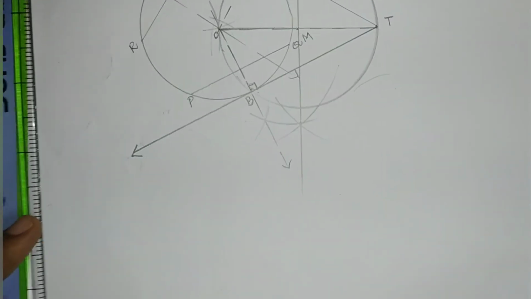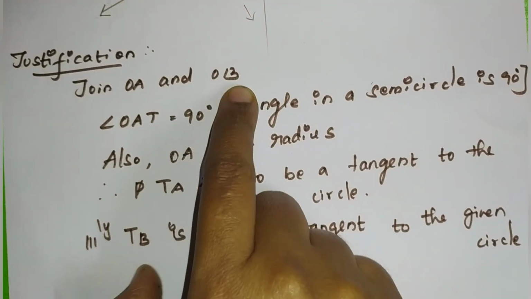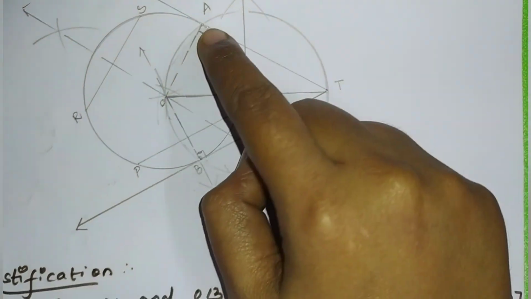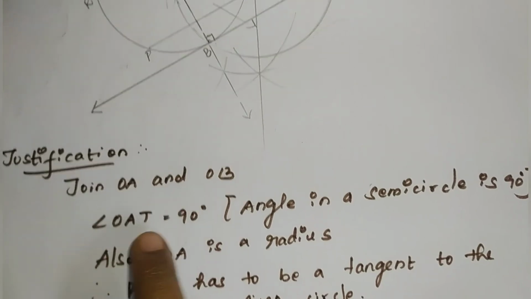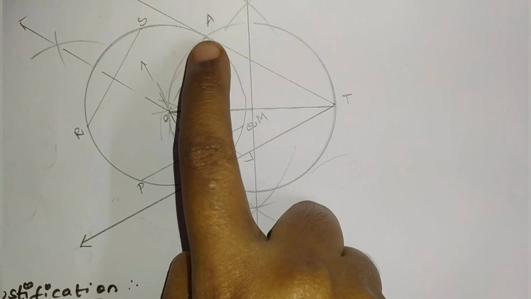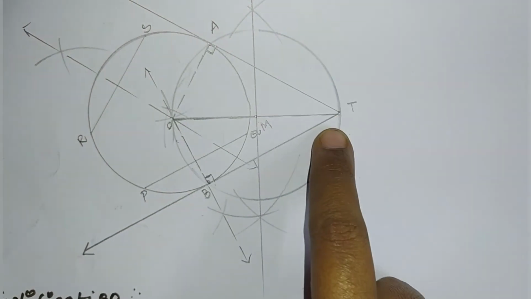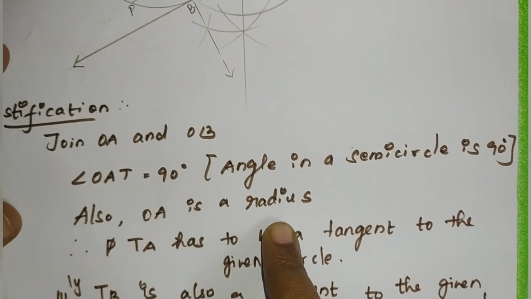Now see the justification. Join OA and OB, and then angle OAT. It will be 90 degrees because the angle in a semicircle is 90 degrees. Also, we know that OA is a radius.